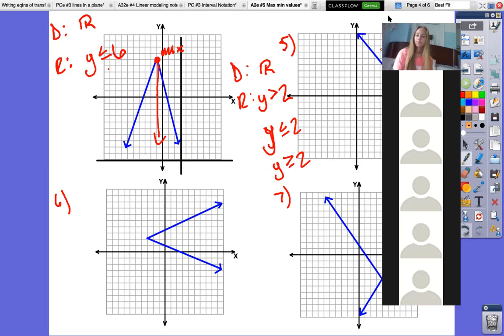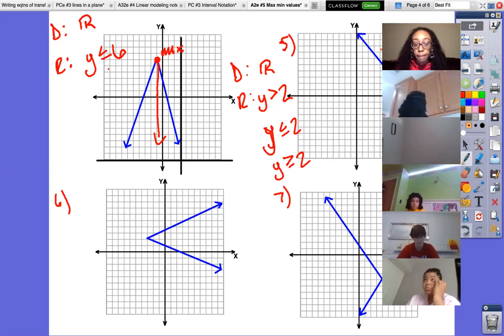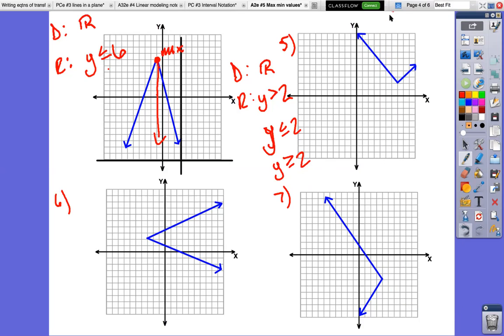Okay. So I could keep calling on other people, have you defend your answer, but I want to keep going. So let's talk about what makes it, and then you guys again decide. If I'm over here and I'm moving this bar up, as soon as I hit this, that's where we get 2. Notice this is a continuous line. So right away, I know it has to be or equal to.